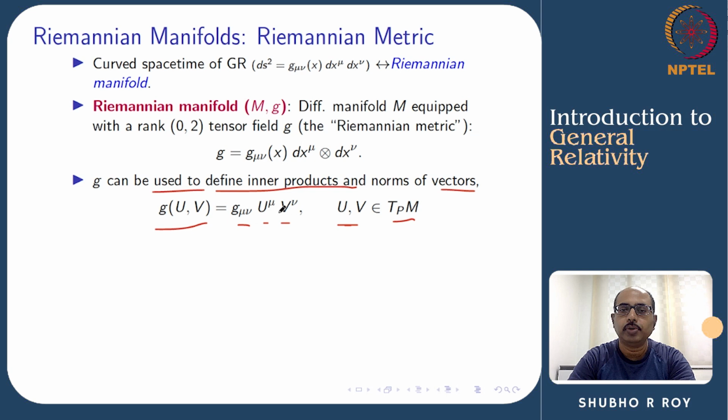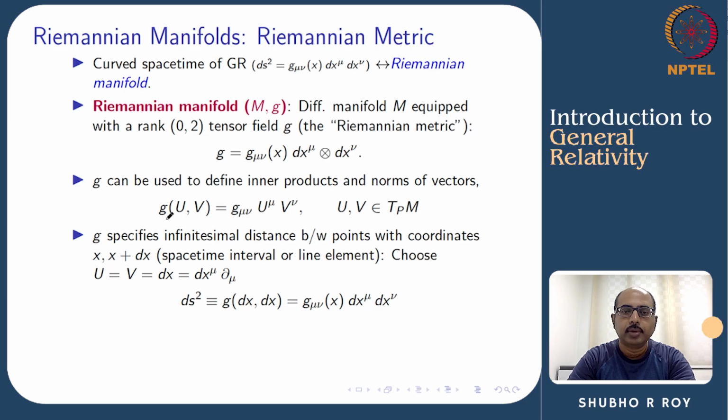As you can see, mu is contracted here, and nu is contracted there. So as a result of the metric, it has become possible to define inner products of vectors and norms, of course.